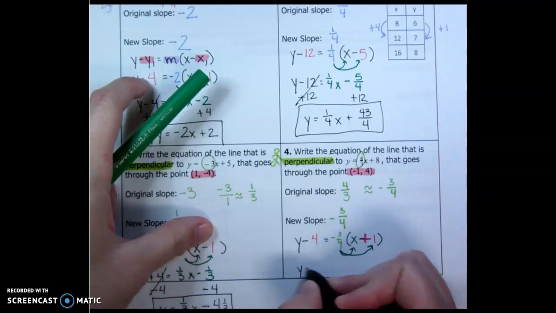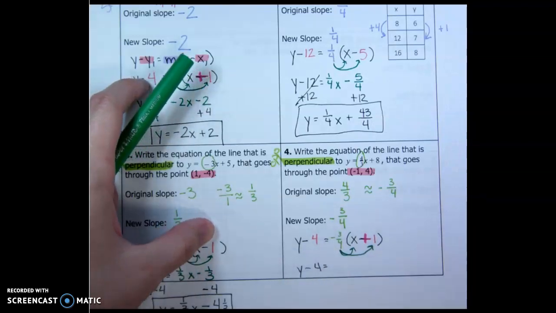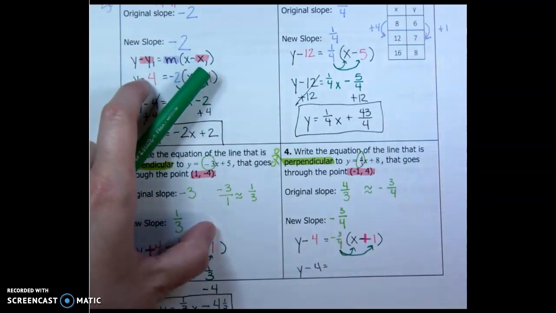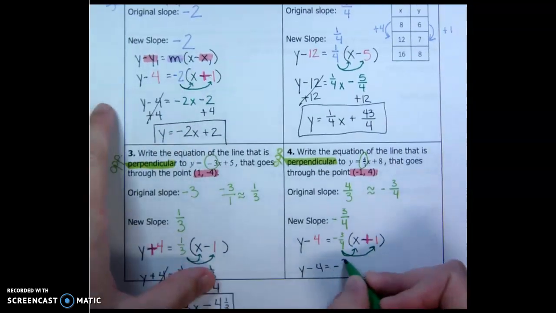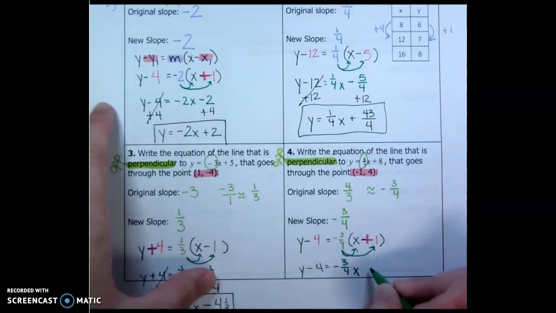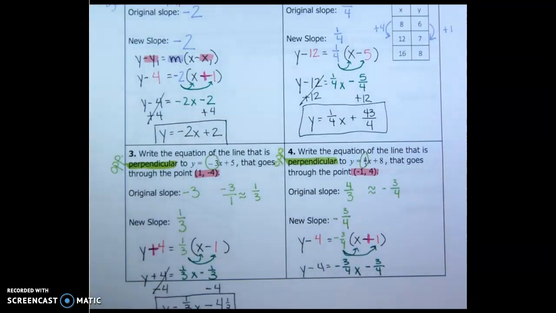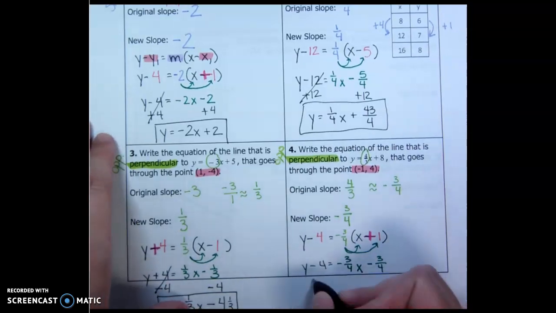Okay, here we go. Still we have y minus 4 equals, if I'm going too fast, pause it. That's the beauty of videos. And then we have -3/4 x minus 3/4, because -3/4 times +1 is -3/4.